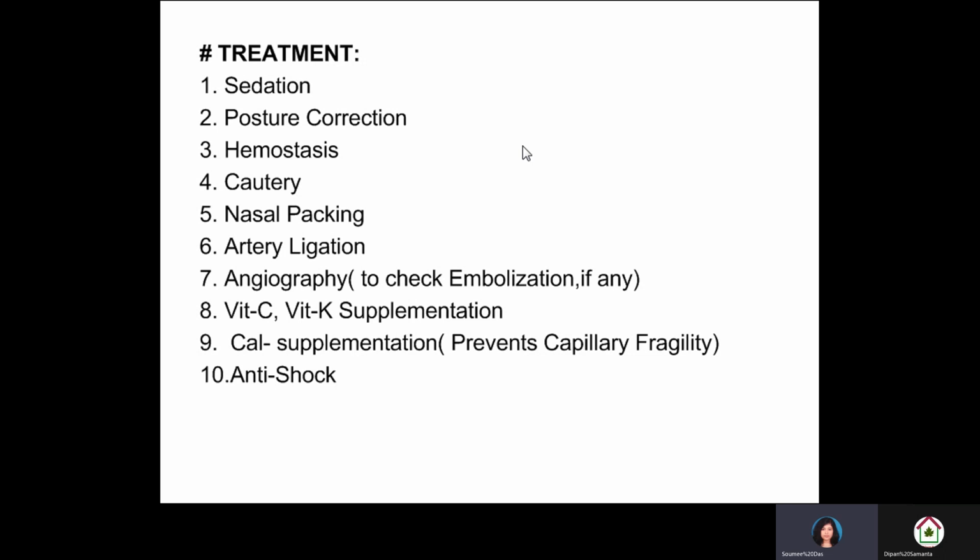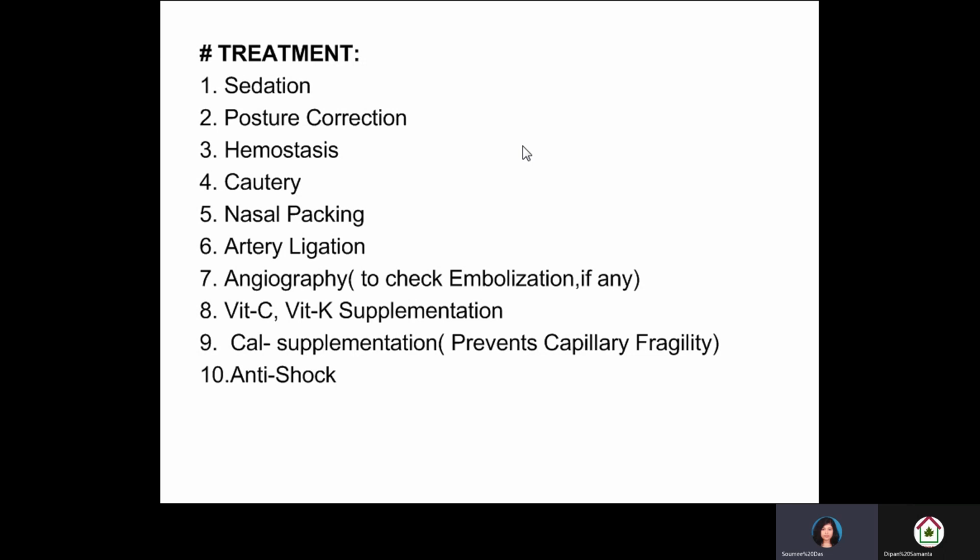So there is a tissue or cotton or gauze plugged into the nostril or nasal cavity so that the bleeding stops. Next is artery ligation. The artery from which the bleeding is coming out, that artery is ligated or knotted.